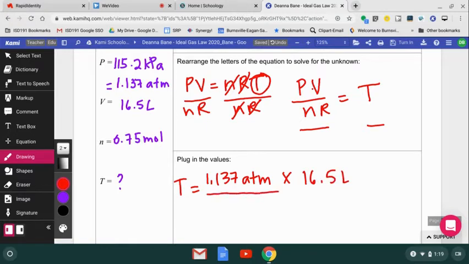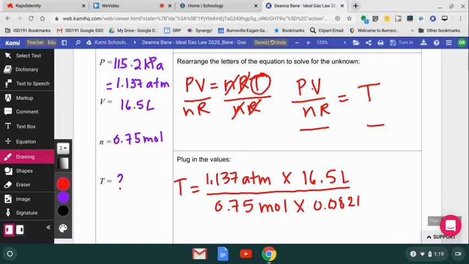And then I'm going to divide that by the number of moles, which is 0.75 moles, and multiply it times R. And if we go back up to our R value, the R value is 0.0821.